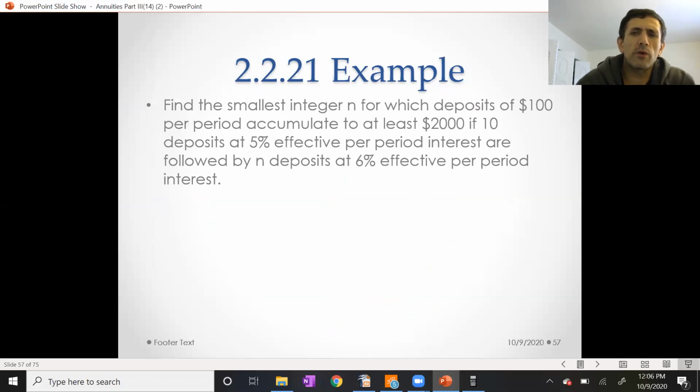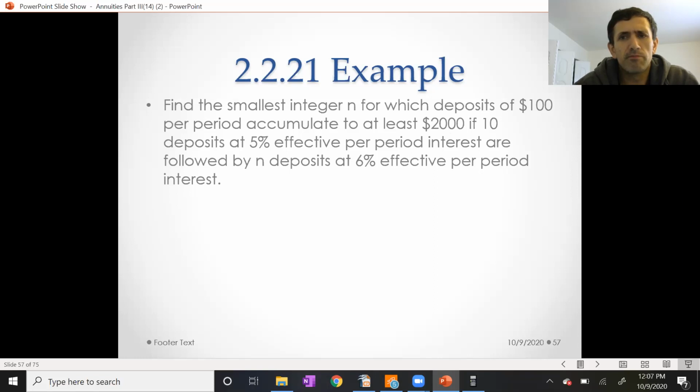So we have the following situation. I'll draw a time diagram if it's not clear exactly what's going on, or if I state this a little too fast. We have deposits of $100 per period.